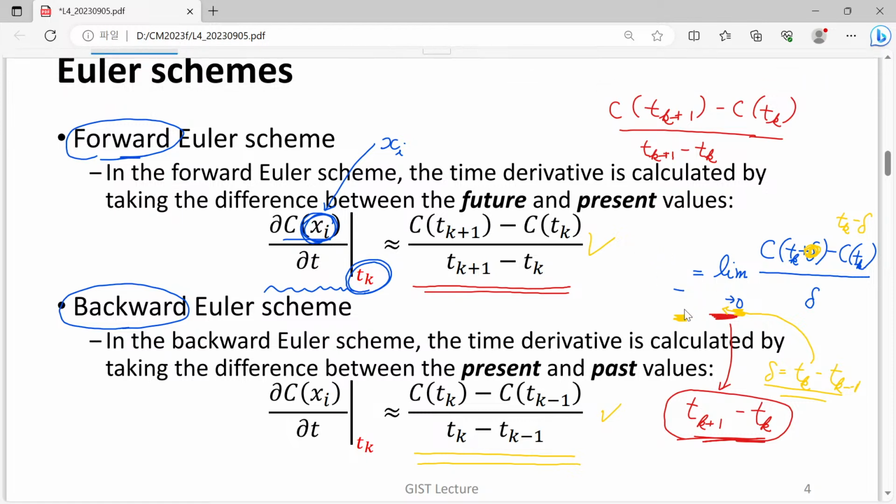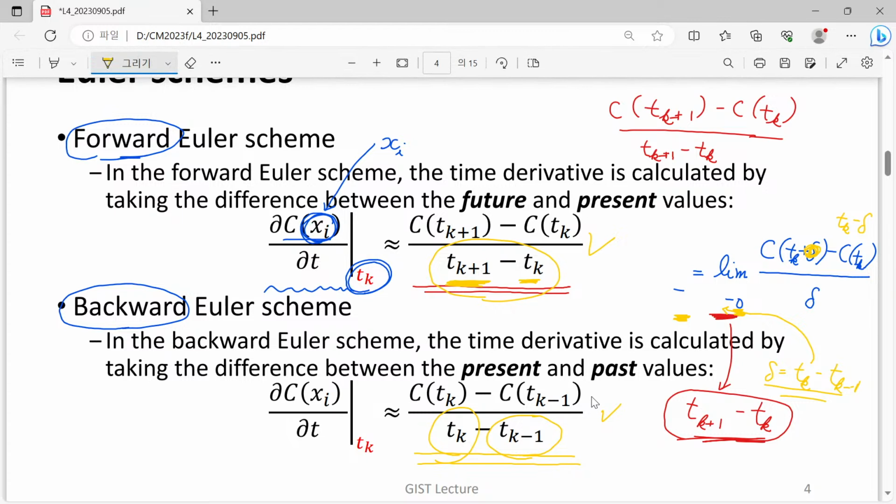One is where delta goes forward starting from t sub k, relying on the values at t sub k plus 1. And in the lower case, starting from t sub k, our present time instance, we refer to the quantities at t sub k minus 1, the past value.